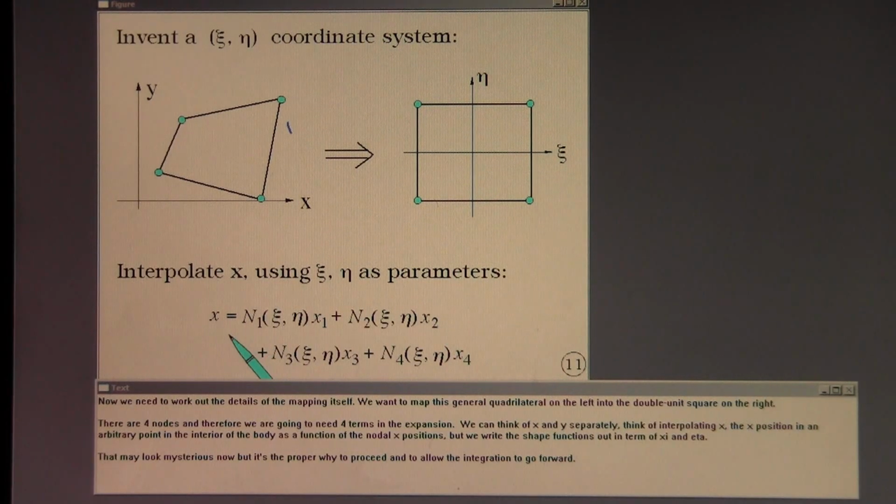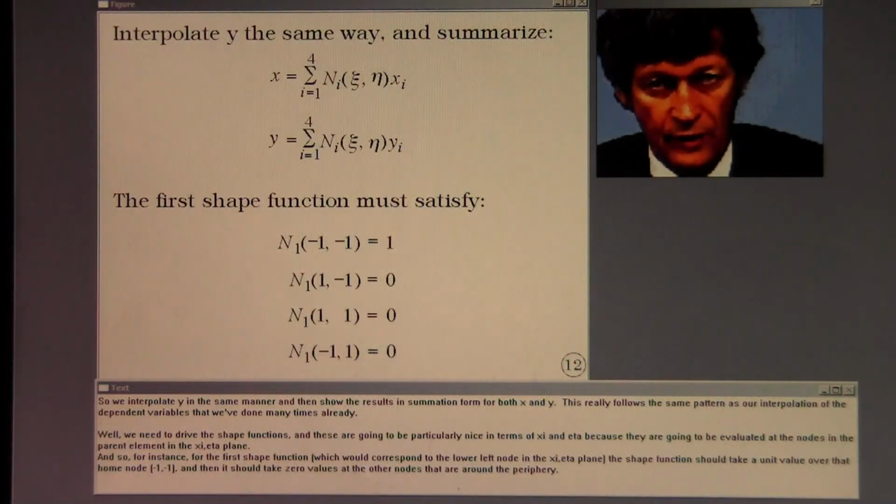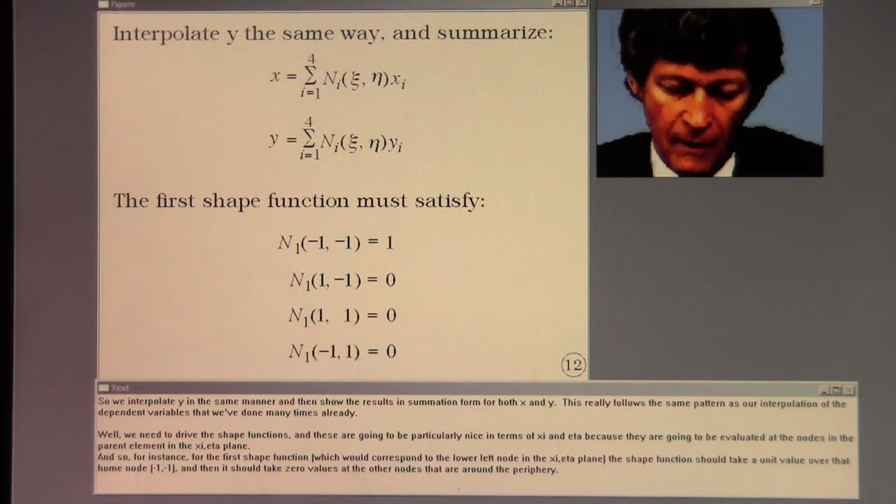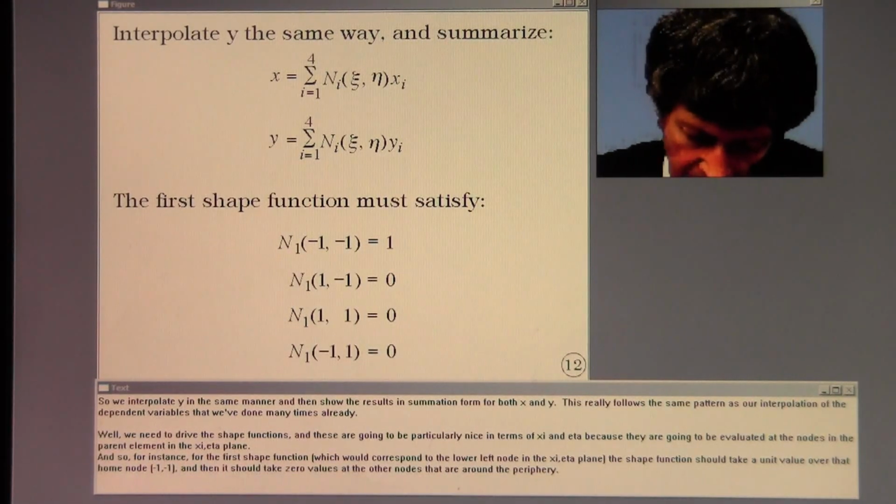Think of interpolating x, the x position at an arbitrary point in the interior of the body, as a function of the nodal x positions, but we write the shape functions out in terms of ξ and η. That may look mysterious now, but it's the proper way to proceed and to allow the integration to go forward. So we interpolate y in the same manner and then show the results in summation form for both x and y.